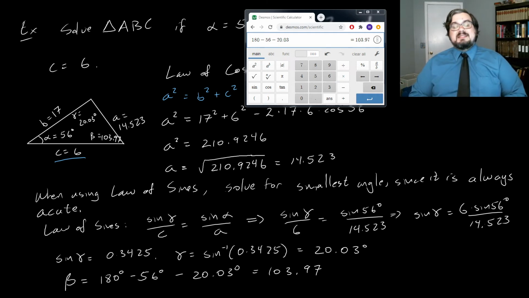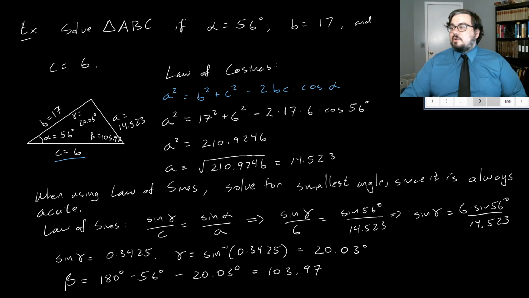So by starting with the smallest angle in the triangle and solving for that, you eliminate those possibilities. In fact, in this sort of pattern where you're given a side angle side pattern of data, there's never going to be any sort of ambiguous solutions. You're always going to get exactly one solution out of that, which is pretty nice.